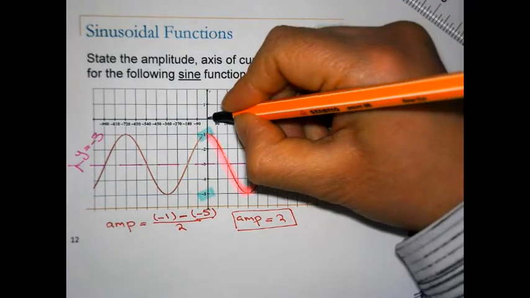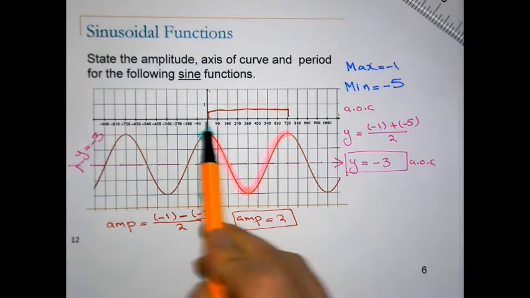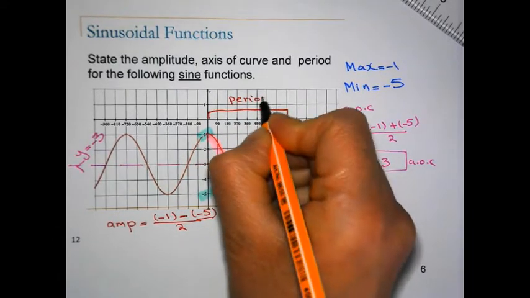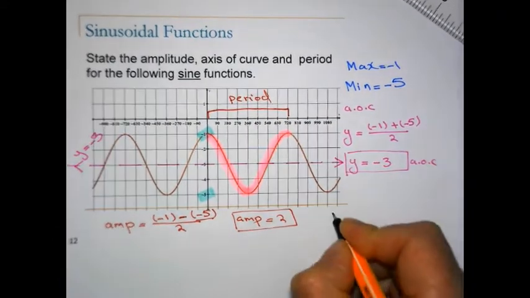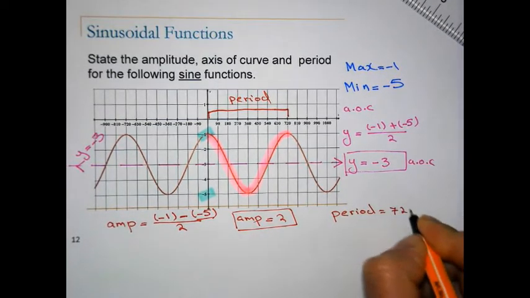Now we need to look at the length of this. It is 720. So this is the period. So the period is 720 degrees.